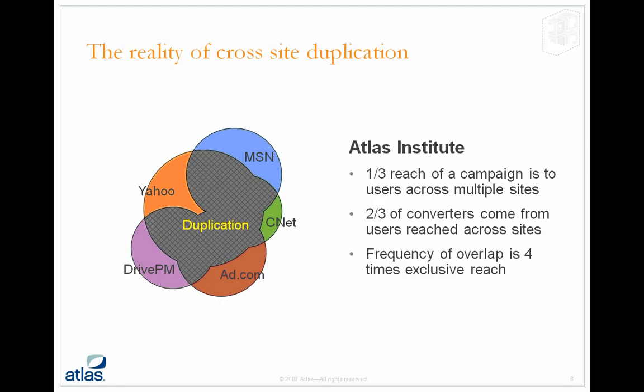What it really means is, imagine that somebody in that gray slice of the circles there is a converter. They might have been reached on Yahoo and MSN and CNET and then converted. Well, whichever one of those sites wins the last ad lottery, whichever one gets to be the last one, gets all the credit. And again, that doesn't take into account the quality of the reach.